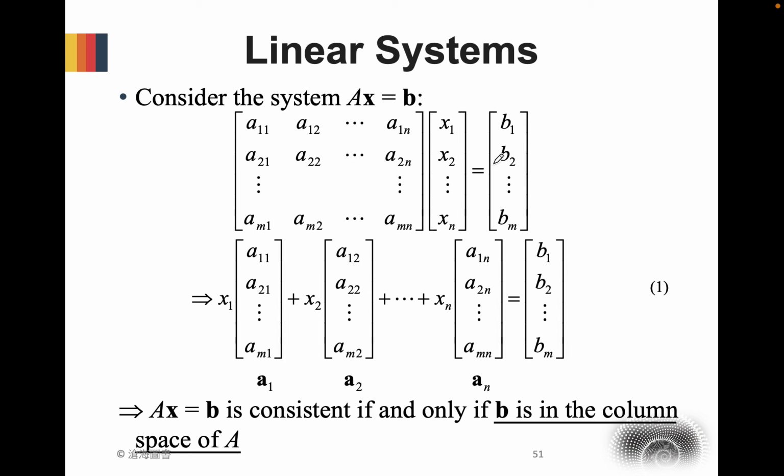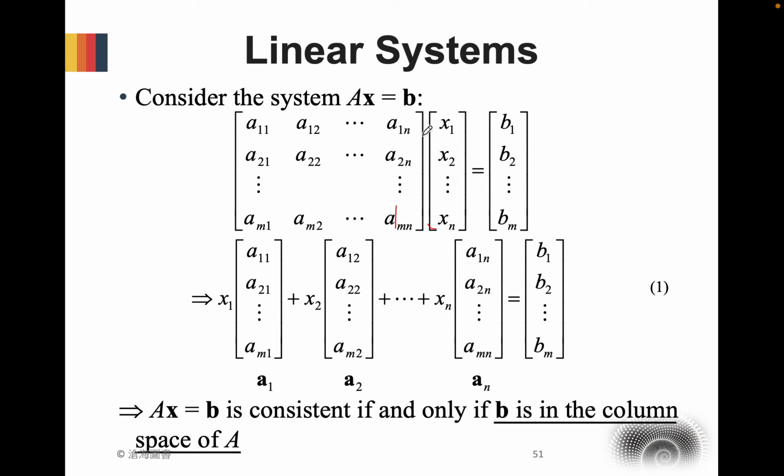Okay, and now we consider the linear system Ax = b. It can be written in matrix form looking like this. Here is the matrix A, here is the vector x, and here is the vector b.